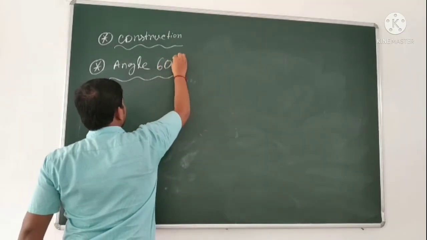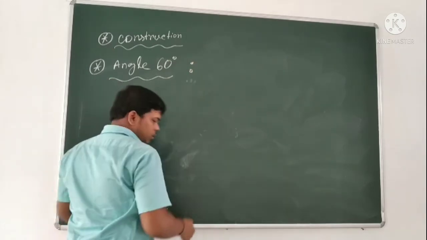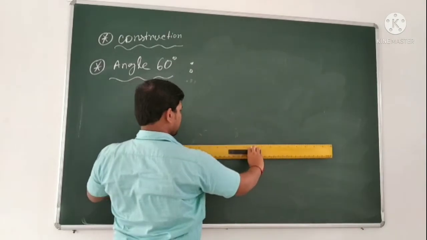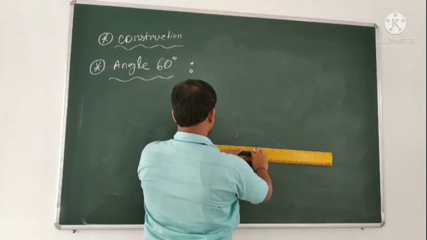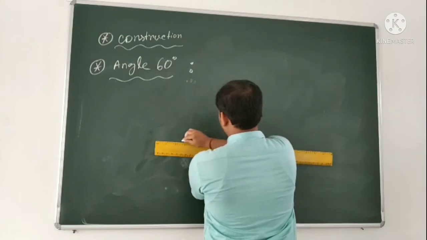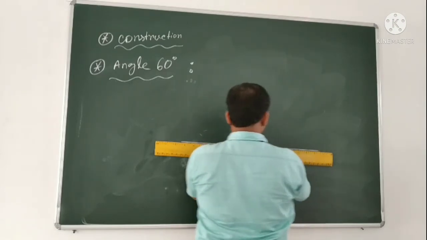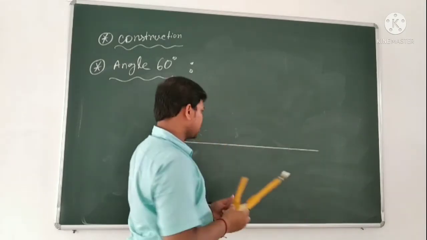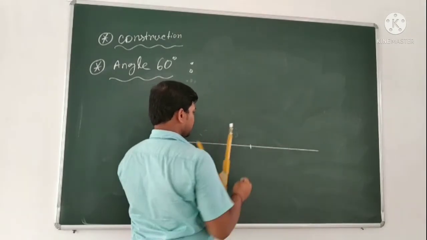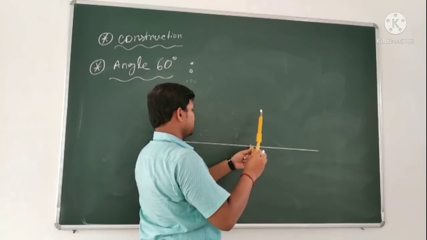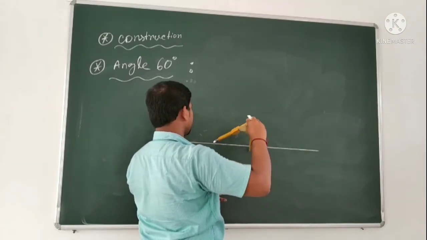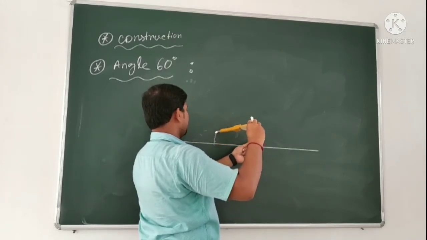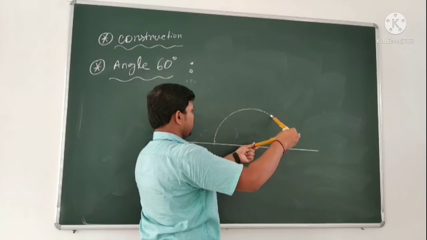Angle 60-degree. So how can we draw a 60-degree angle? First draw a line in this way. Then just put your compass at any point and draw an arc in this way.